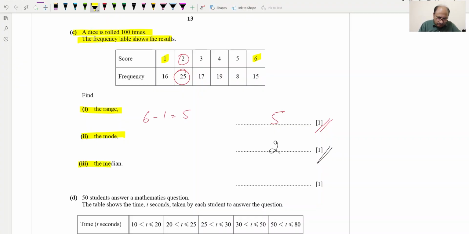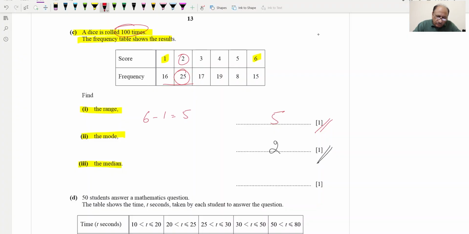Now this is median. Median will be the middle value out of 100. The middle value we can check for is the 50th value. In this one, we take the middle 2 if it is even.